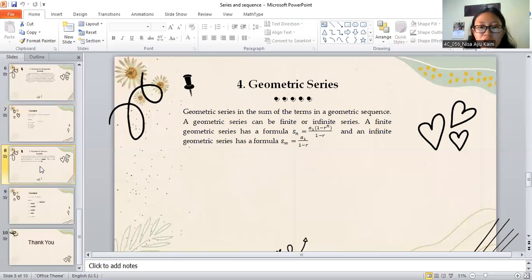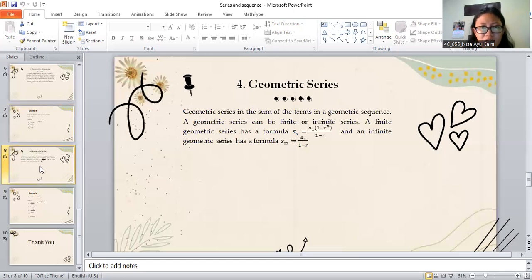Then the fourth material is about geometric series. What is a geometric series? A geometric series is the sum of the terms in a geometric sequence. A geometric series can be a finite or infinite series.